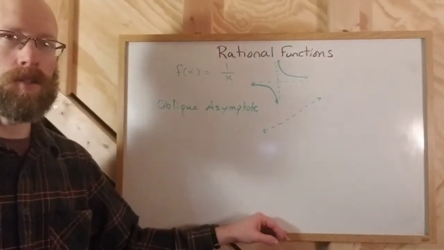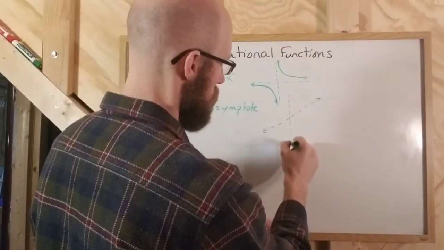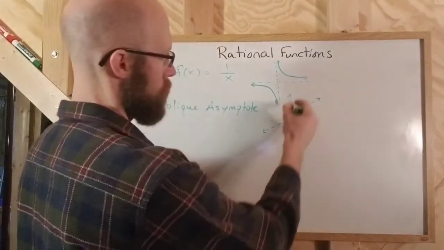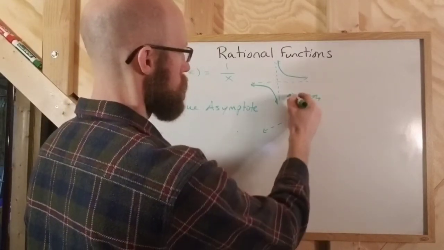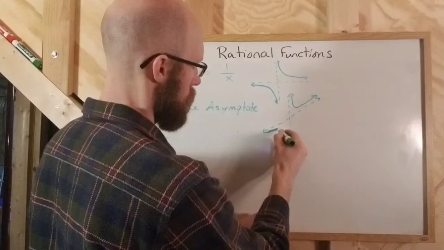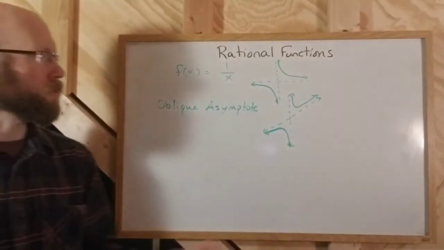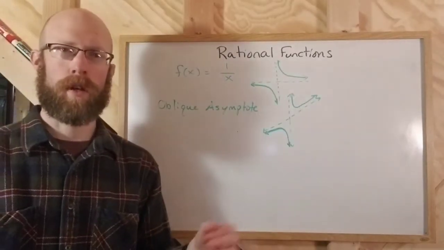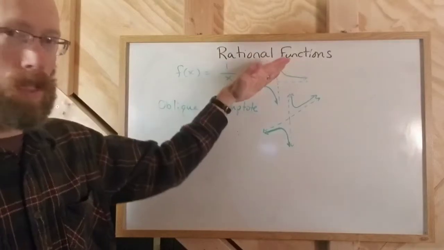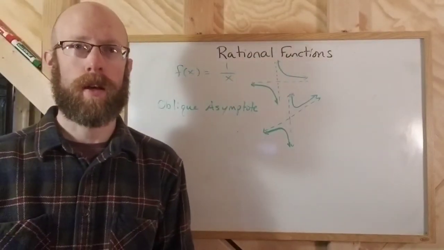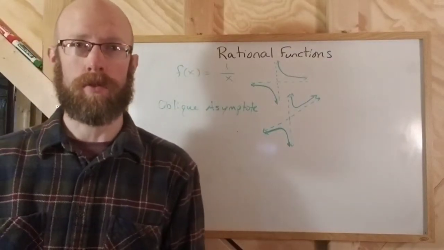You could have an asymptote on an angle, maybe paired with a vertical asymptote, in which case your graph might approach both of those asymptotes. It's going to look very similar to the reciprocal function's graph, except the horizontal asymptote would be tilted on an angle. So we have vertical, horizontal, and now we have oblique asymptotes as well.